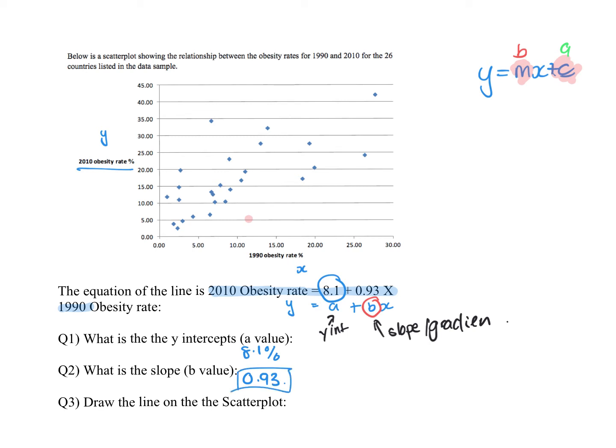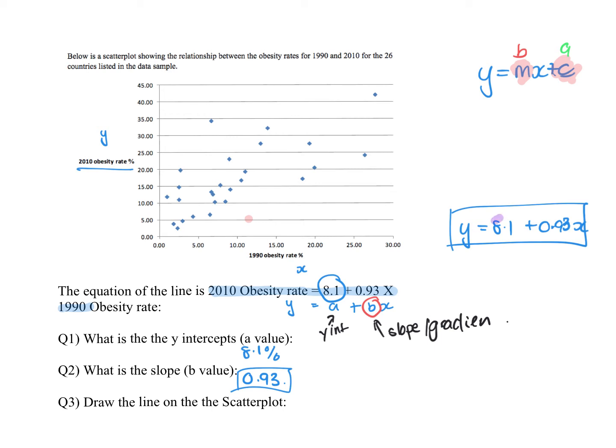Now, they want us to draw this line. Really what they want me to do is draw this equation on the graph, y equals 8.1 plus 0.93x. So they want me to draw this straight line up on this graph here. The first thing we do is get the y-intercept, which is the a value.